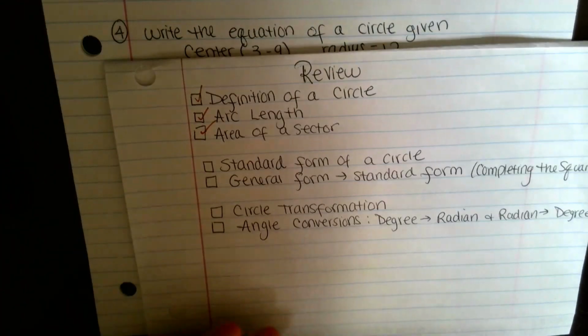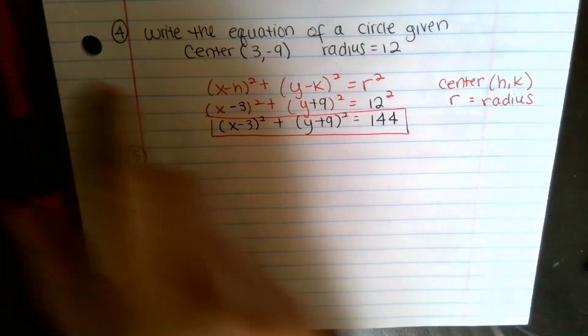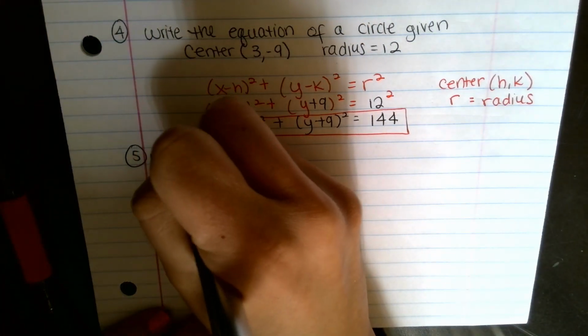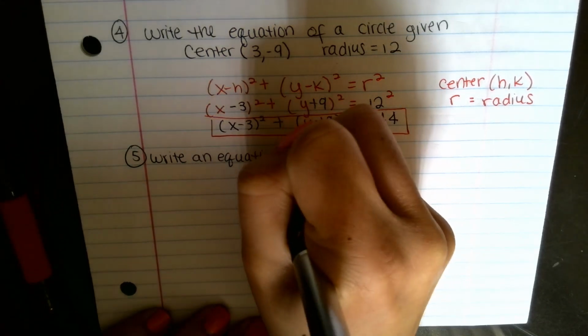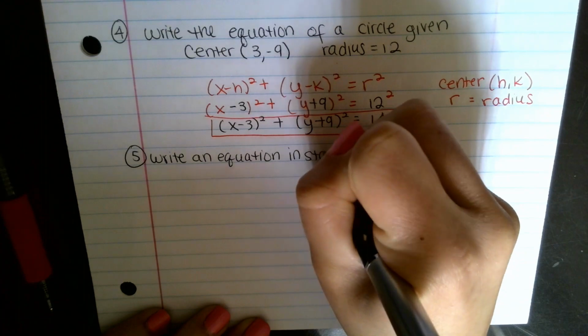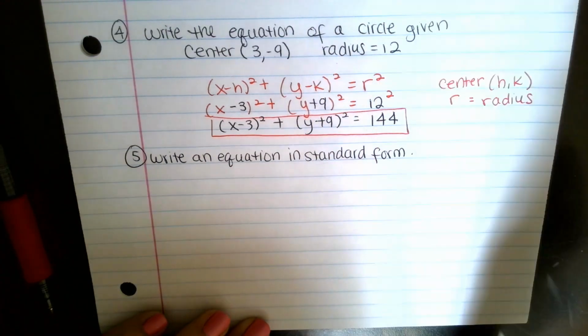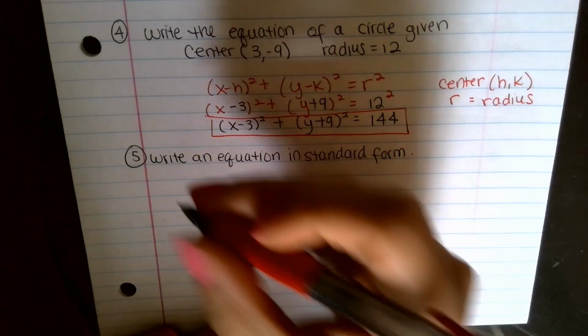So let's check it off. We did standard form. Let's do general form. So write an equation in standard form. Or if they just say write an equation of a circle, it's the same thing. So we're going to be doing completing the square for this one.